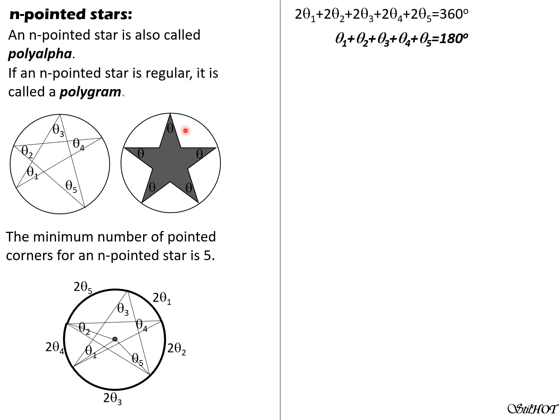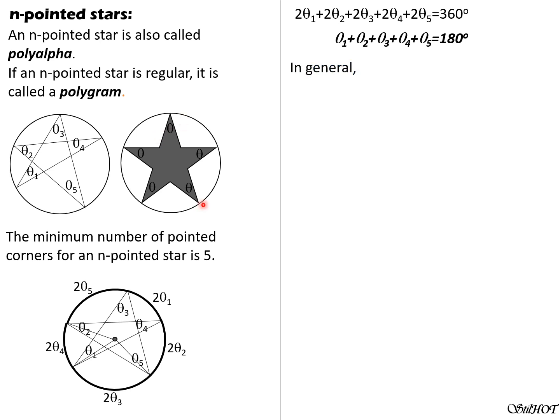That's why for this regular 5-pointed star, there are 5 equal interior angles, so 5 theta is 180 degrees. Therefore theta is 180 degrees over 5, that's 36 degrees for this regular 5-pointed star or pentagram.